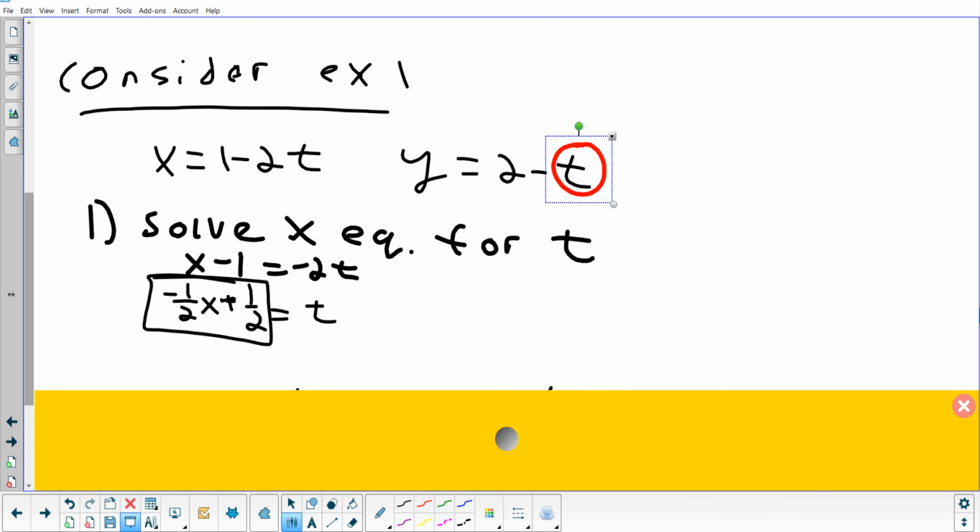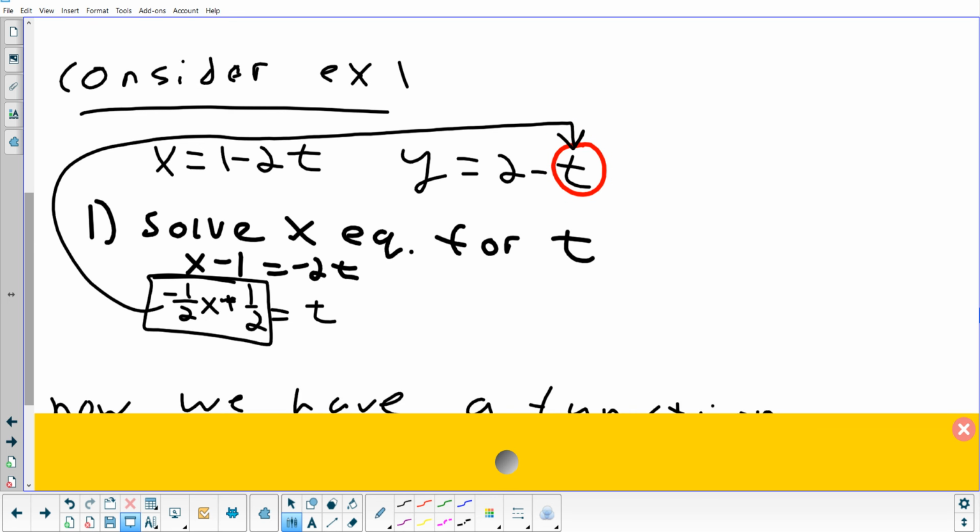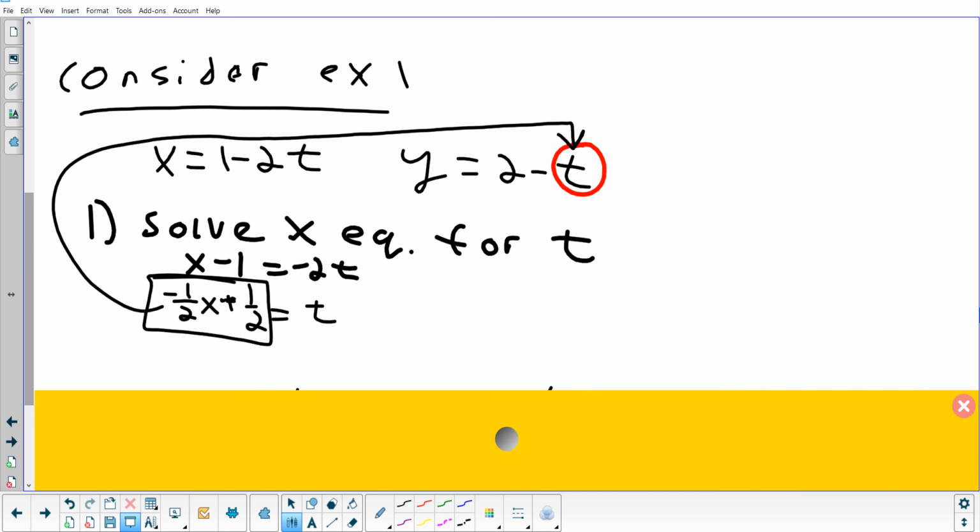Now, take what you got for t and plug it in. And now you will get an equation with y by itself. Right? Let's do that over here. Well, y will be by itself and x will be on the other side. You're not going to have t anymore.